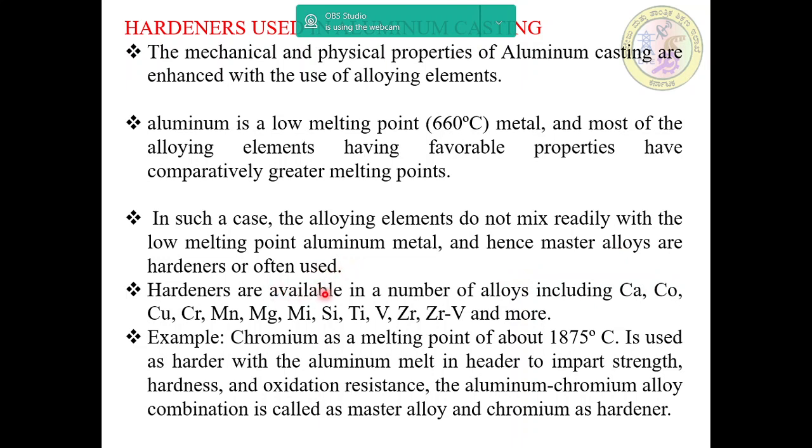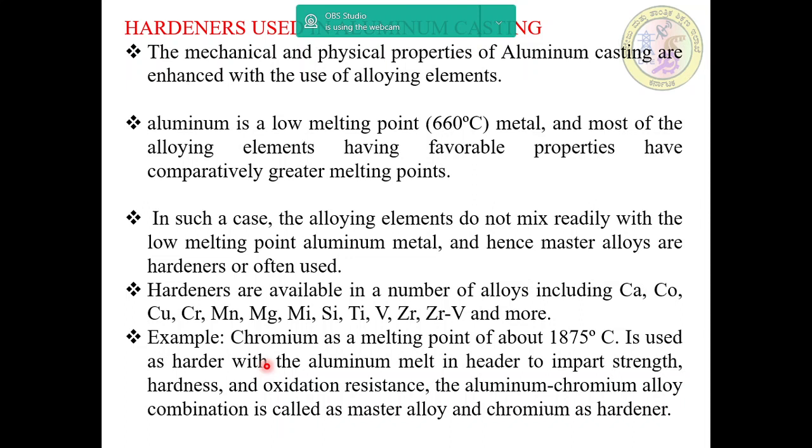The hardeners are available in a number of alloys including calcium, cobalt, copper, chromium, magnesium, manganese, and more are also used. As an example, we will take chromium, whose melting point is around 1875 degrees centigrade.